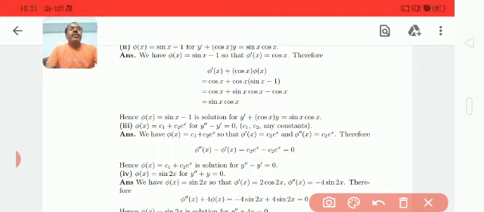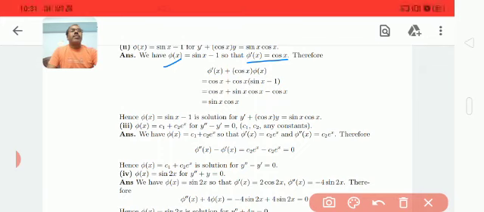So let us find the first derivative of the given function phi of x. So derivative of sin x is cosine x, and derivative of minus 1 is 0. So we get first derivative as phi dash x is equal to cosine x. Now we plug in the values of phi of x and phi dash x in the left hand side of given differential equation.